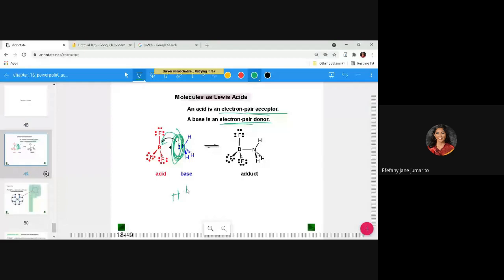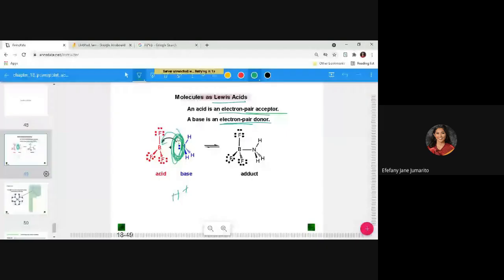So Arrhenius talks about protons, but Lewis talks about the electron pair. Okay, the electron pair.